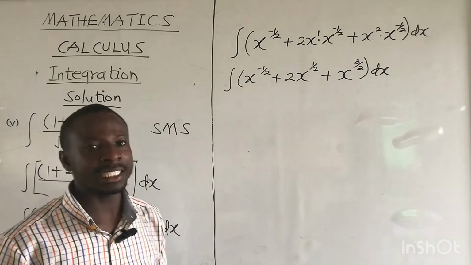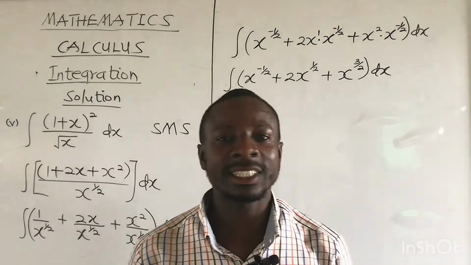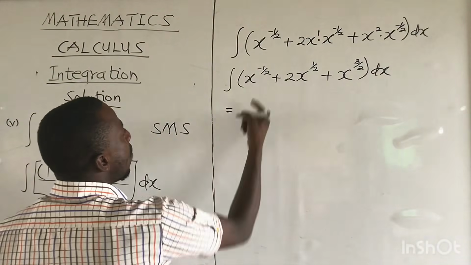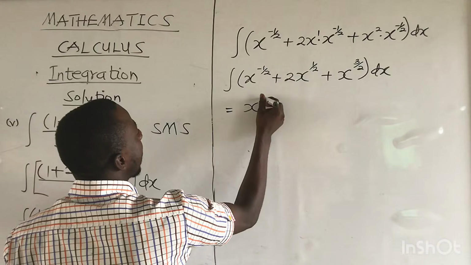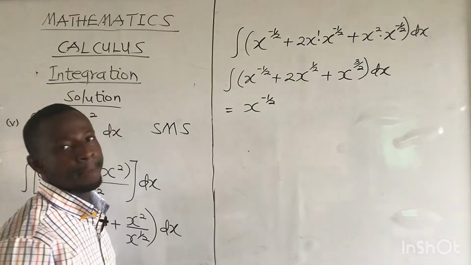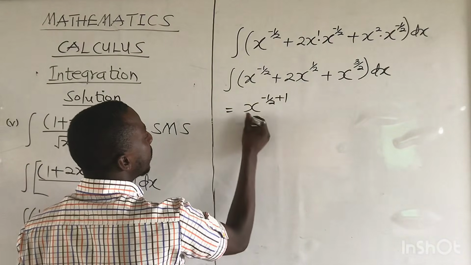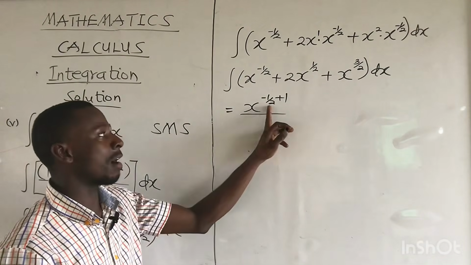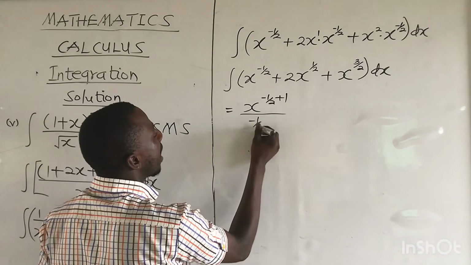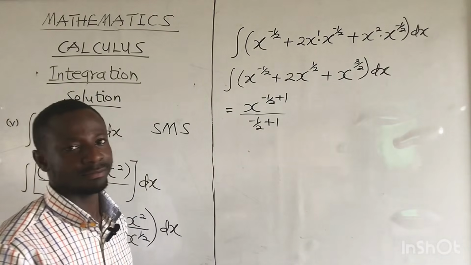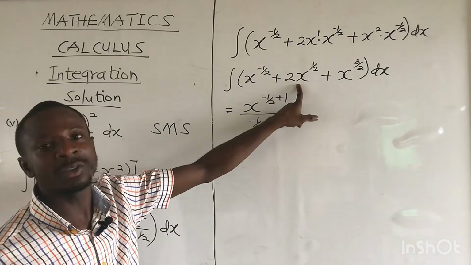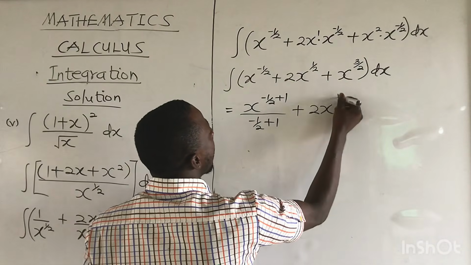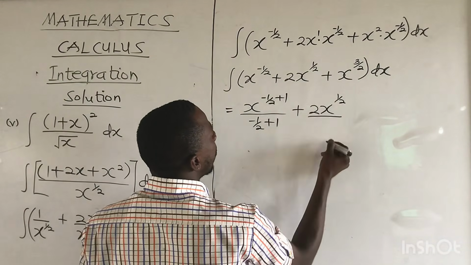Since we have this term, we can now start with the integration. So when we are integrating x exponent minus half, then we add 1 to it all over the same exponent we have here, which is minus half plus 1. So we are moving on to the second term. So we have 2x power half all over.